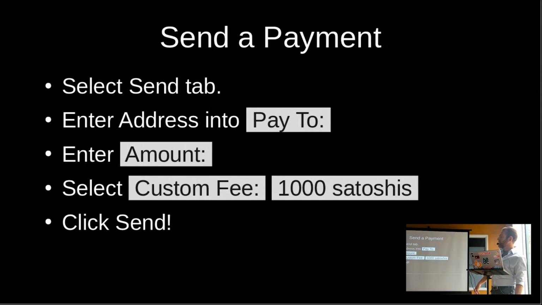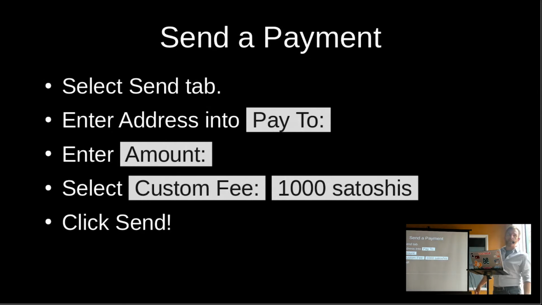But the mempool is not the blockchain. So when you send a transaction, it will go out into the network and all of these nodes will save it to their mempool, but that does not mean that your transaction has been committed. In order for it to be official, for it to actually settle and the amounts to be true, it has to go into a block, and then that block has to be accepted by the network.